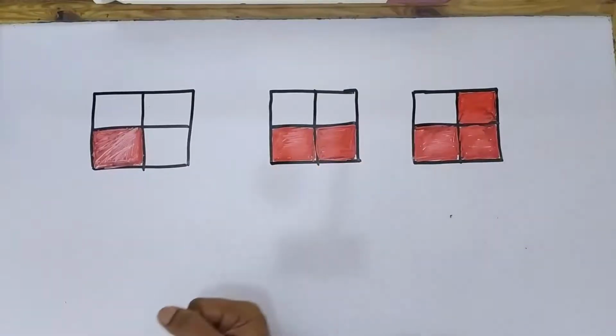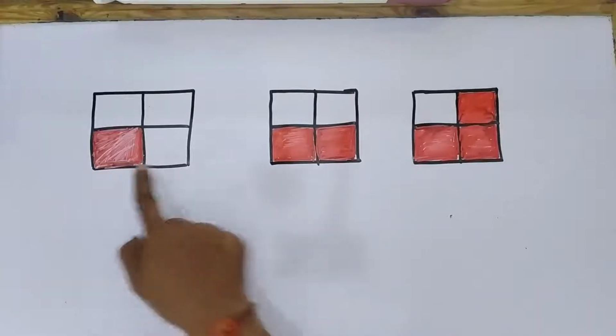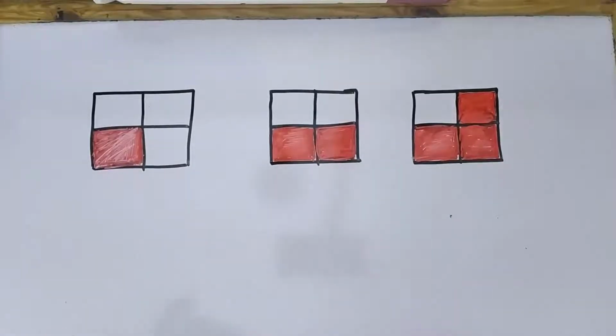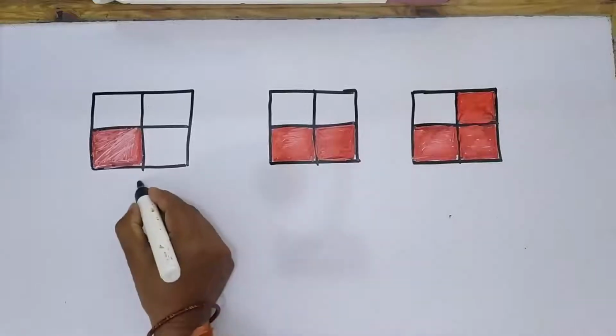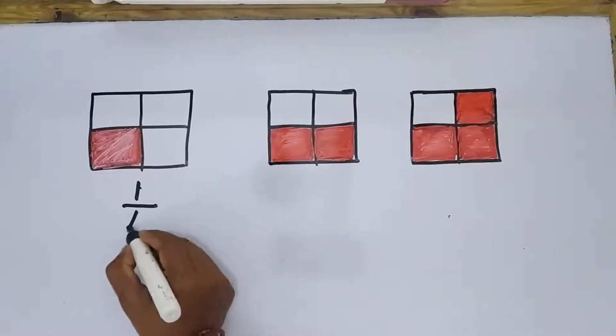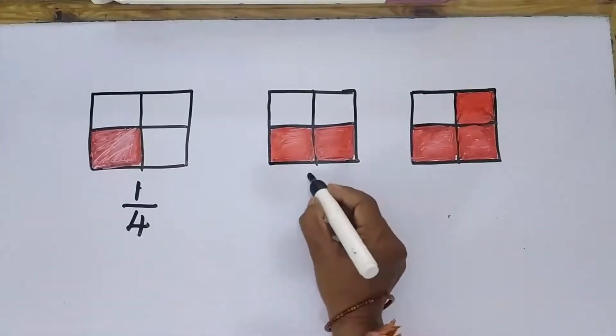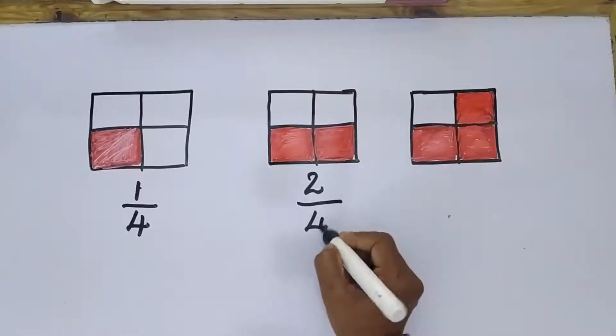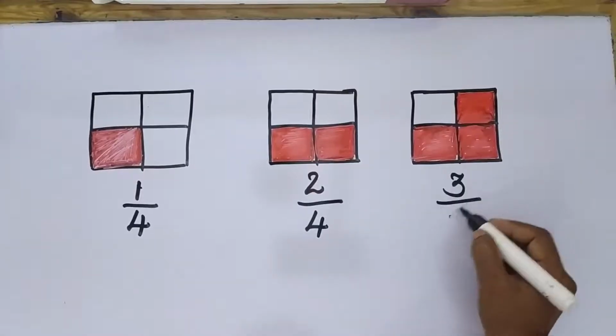In these three squares there are 4 equal parts, but one part is shaded, two parts are shaded, three parts are shaded. So it can be written as 1/4, here 2/4, and here 3/4.